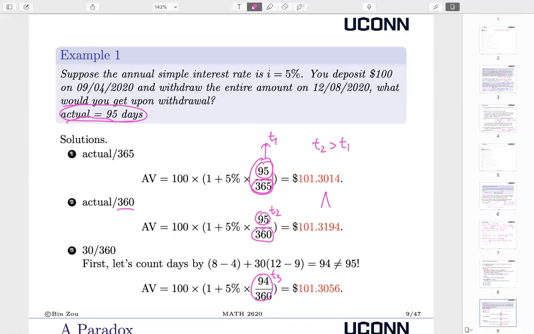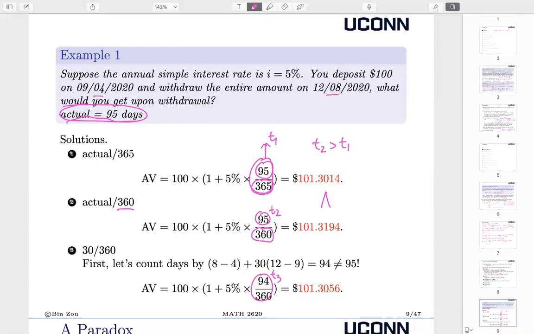Finally, let's take a look at something different. Here we apply 30 over 360. The first thing I'm going to do is calculate how many days there are under this rule. The actual number of days is 95. Now let's see how many days. Let's first do the day difference.